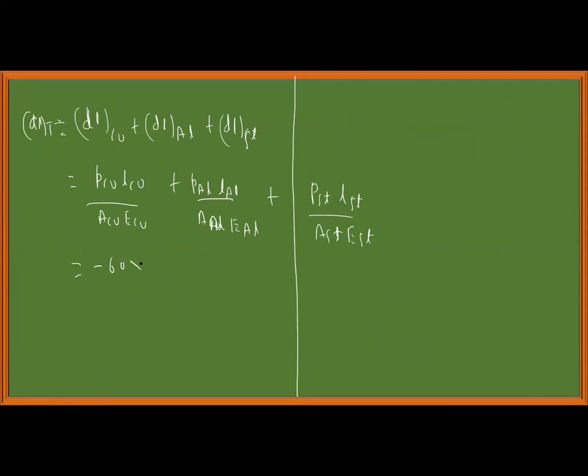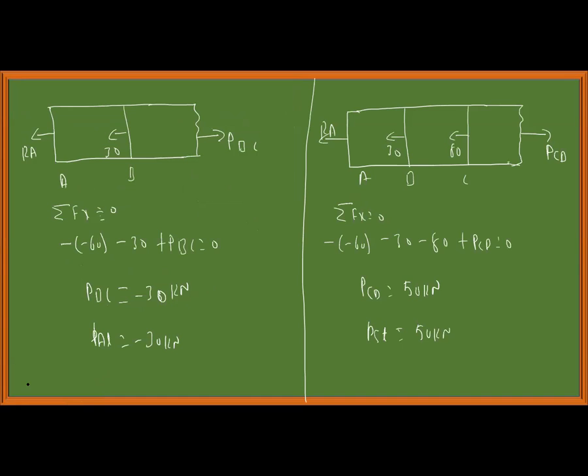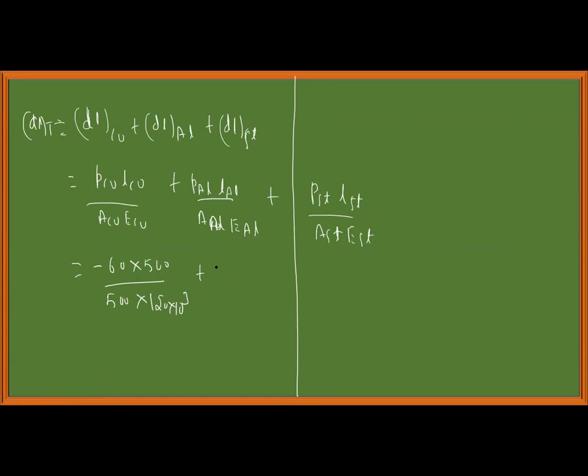Minus 60 into length of copper, it's 500. Area of copper remains the same, 500 mm square for all the materials. Young's modulus of copper is given as 120 GPa, 120 into 10 power 3, plus P of aluminum, it's minus 30 into length of aluminum, it's 700.